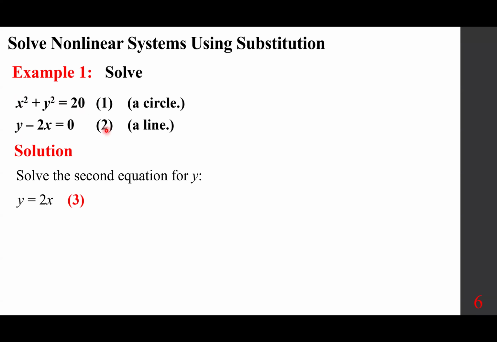It's a good idea to give them numbers. The first equation, x squared plus y squared equals 20, and we're going to replace the y with 2x. This is 4x squared, and with x squared, they add up to 5x squared.